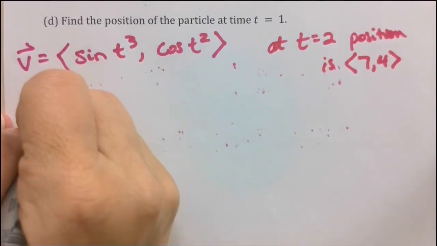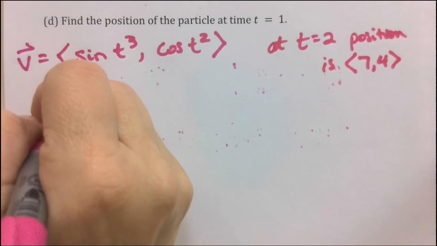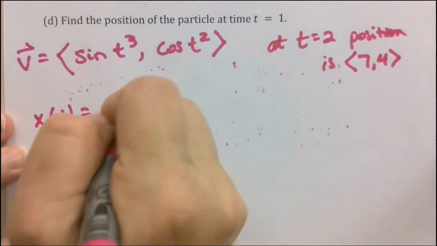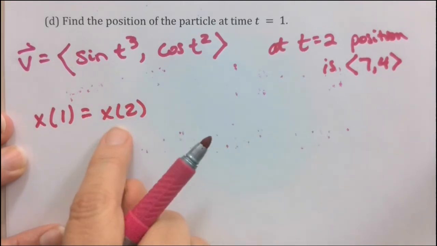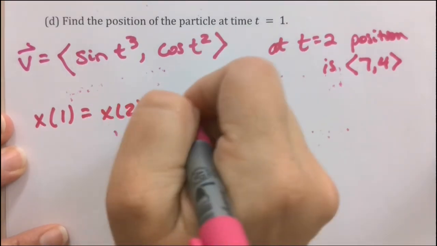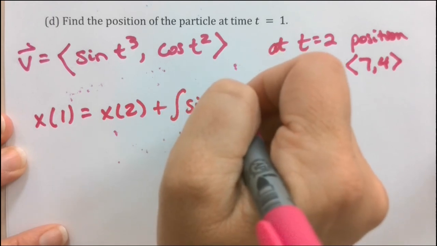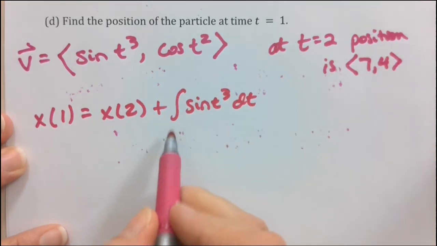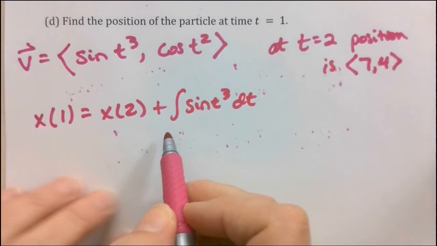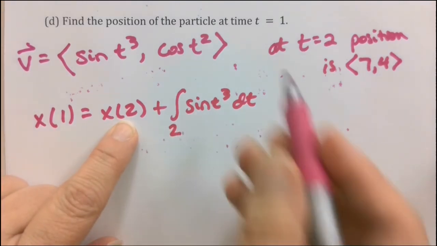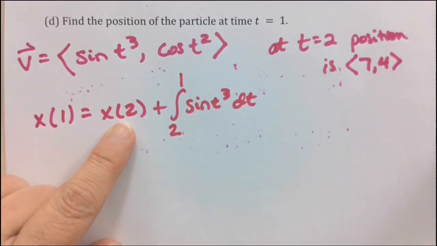So to find my x position at 1, x of 1 is going to be equal to x of 2, the one that I know, plus the integral of sine t cubed dt. Now here's what's important in labeling our integral. We have to start at the time that we know, and we have to end at the time that we want.